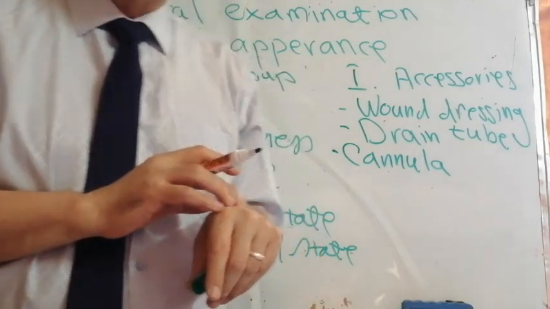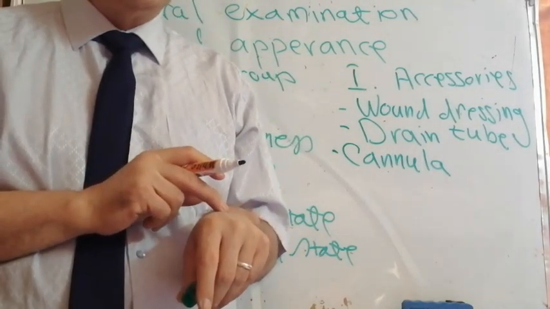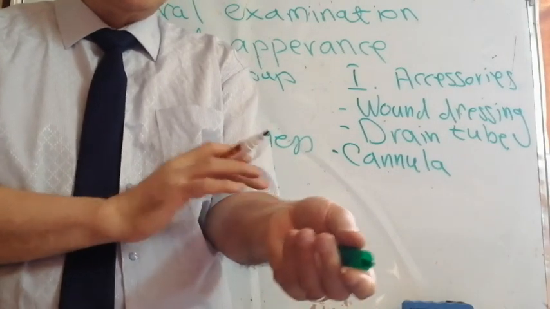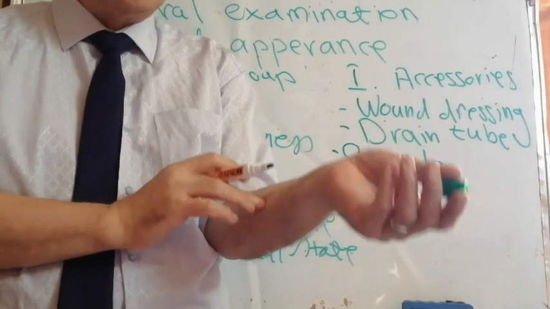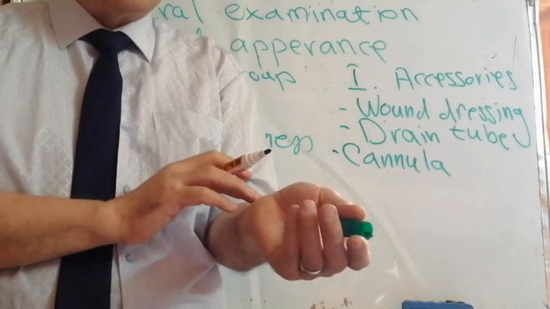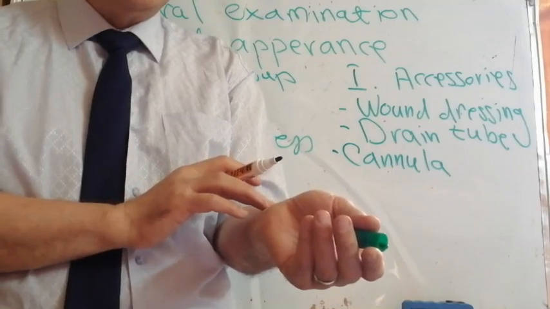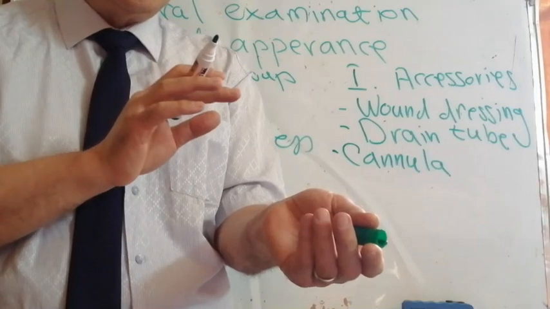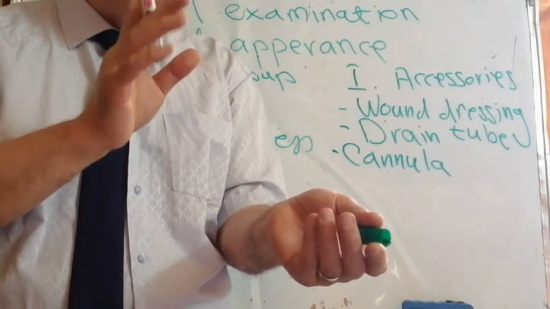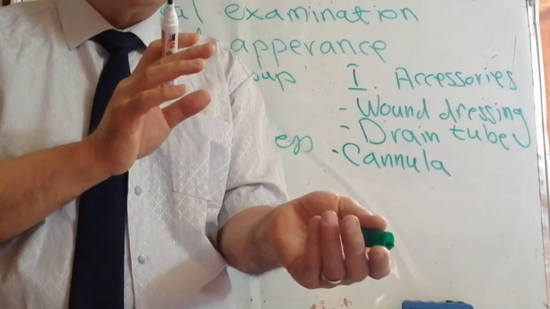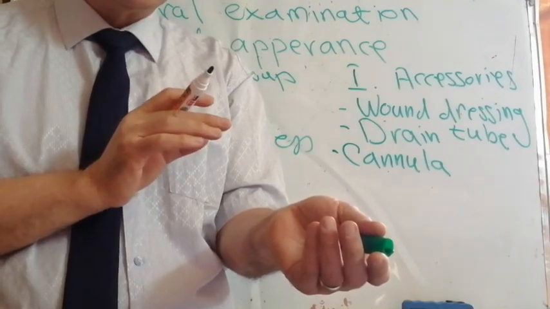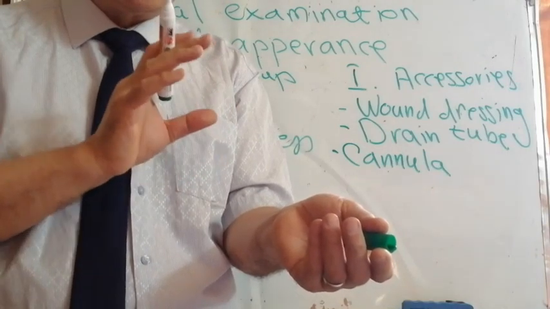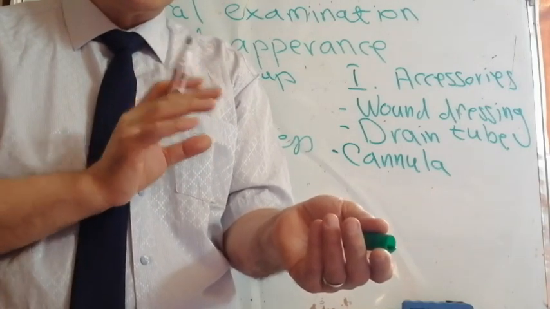For the cannula, you should mention the side, what vein, in the dorsum of the hand or in the forearm, what type of vein, cephalic, basilic, the color of the cannula, the size of the cannula, and whether it is connected to a giving set, IV fluid, type of IV fluid, rate of drops, or whether it is connected to drugs such as paracetamol or Flagyl bottles, and so on.